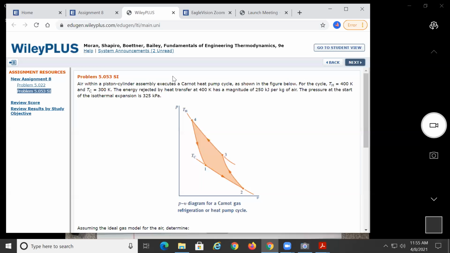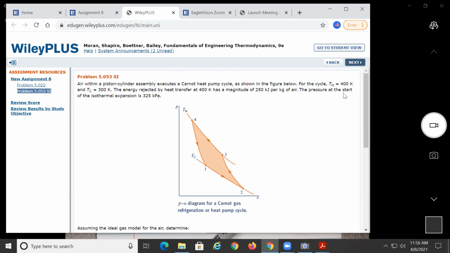The energy rejected by heat transfer at 400, Q34, is 250 kilojoules per kilogram. The pressure at the start of the isothermal expansion is 325. So what is the 325?